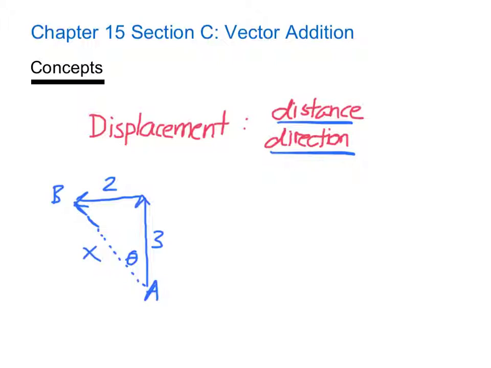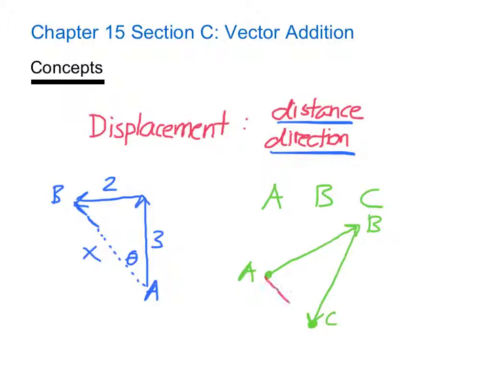Now let's suppose we have 3 towns, A, B, and C. Now if I want to travel from town A to town B, I can draw this displacement vector. And then if I want to travel from town B to town C, I can draw this displacement vector.